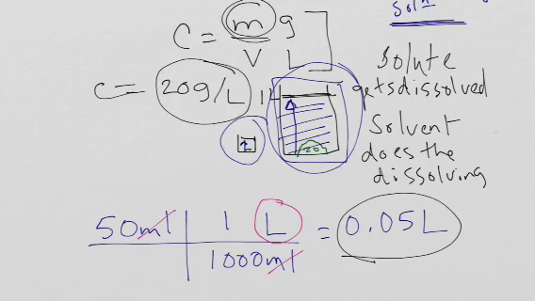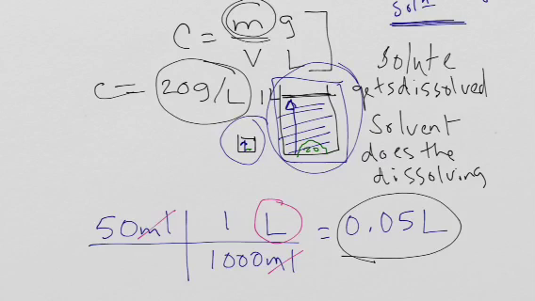It's exactly the same. This is how concentration works. For concentration calculations, you do need to know how to do this. The next thing you need to know is how to make a concentrated solution, and we'll go over that in another video.